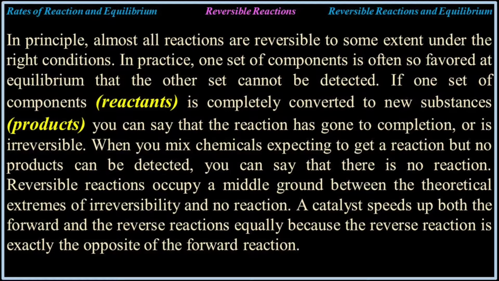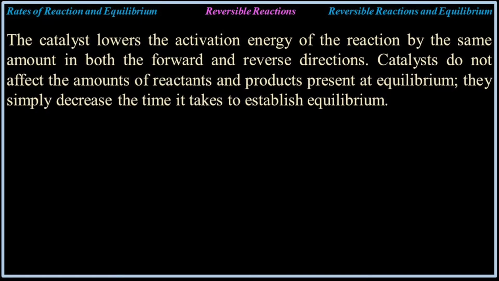A catalyst speeds up both the forward and the reverse reactions equally because the reverse reaction is exactly the opposite of the forward reaction. The catalyst lowers the activation energy of the reaction by the same amount in both the forward and reverse directions. Catalysts do not affect the amount of reactants and products present at equilibrium.